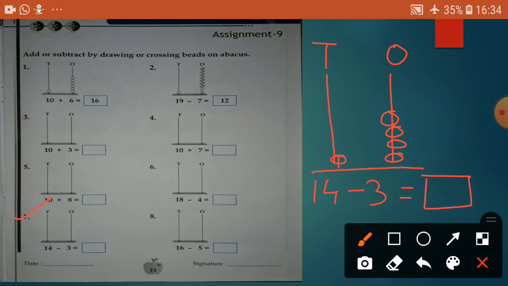Now I am crossing 3 beads. 1, 2, 3. See here, I am crossing the beads. So left 1 ten and 1 one. So the answer is 11.